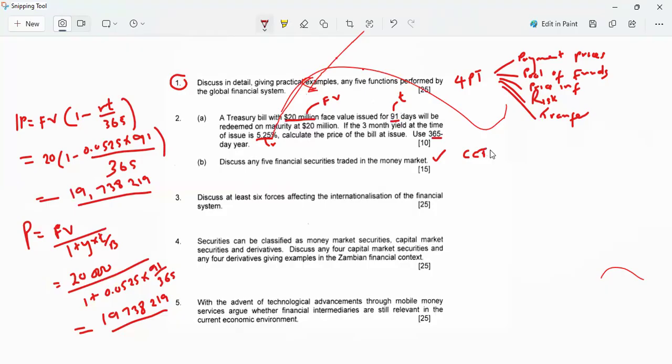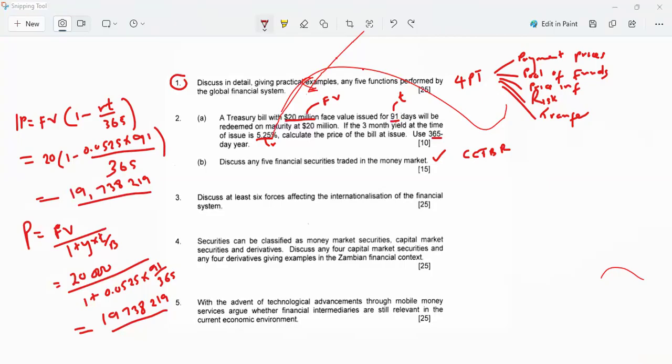What are these ones? Commercial paper. Negotiable certificate of deposit, the treasury bill. The B stands for what? Bankers' acceptances and the repos.